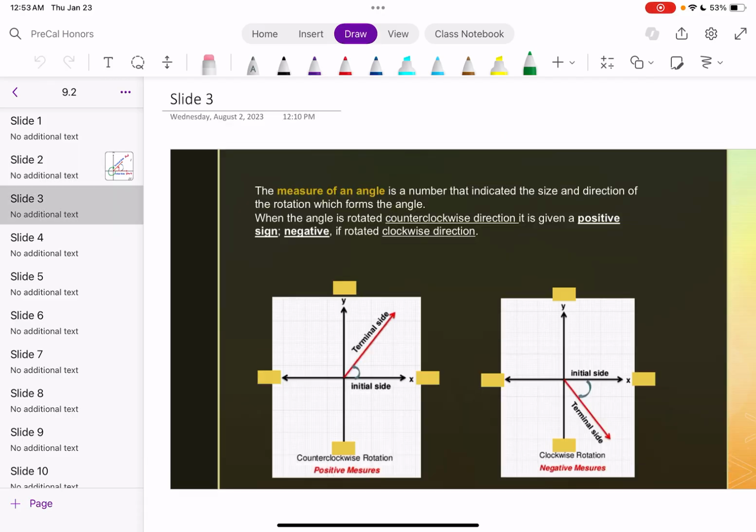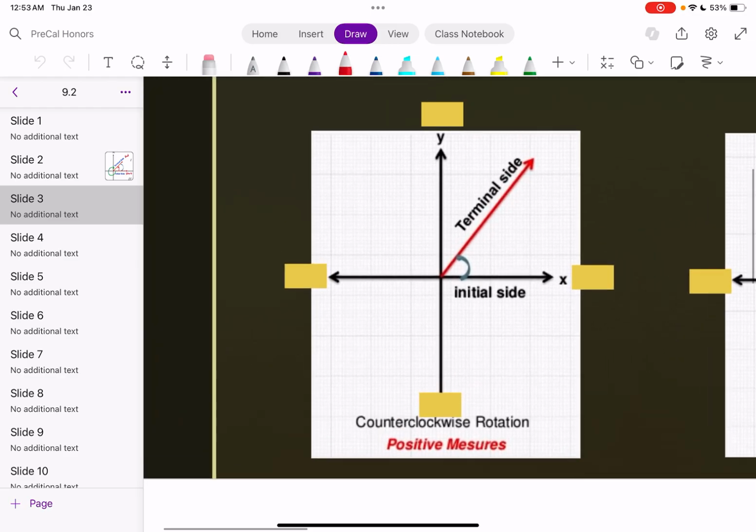In slide 3, we go ahead and talk about positive and negative measures. So we'll start off on the left-hand side. Keep in mind our initial side would be our 0.